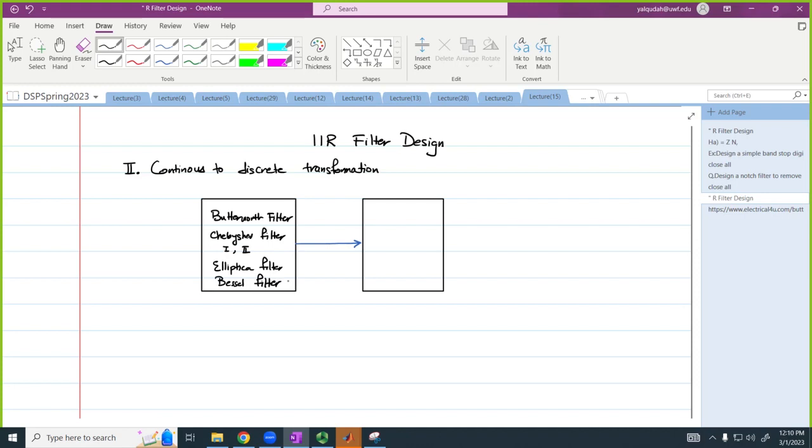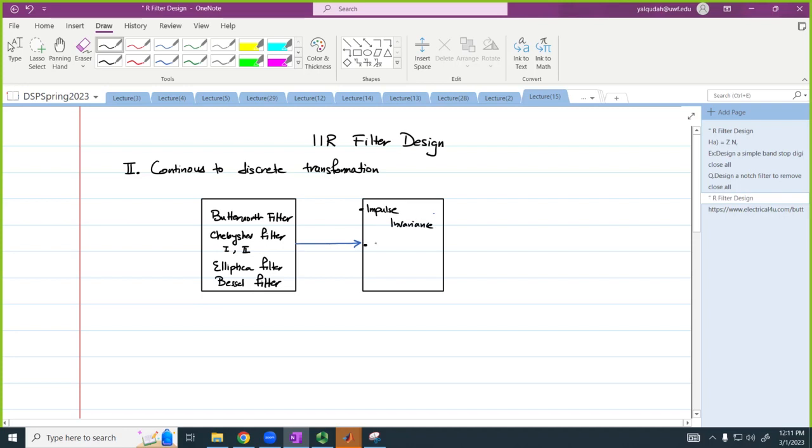Then, after we do that, we're going to be designing a continuous time filter. We're going to bring it back to being a discrete time filter. How are we going to do that? We're going to use different techniques to convert the continuous time filter to a discrete time filter. These techniques are impulse invariance, so this is one technique.